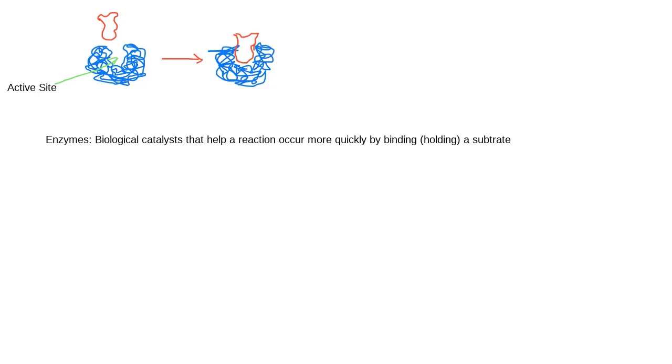So just to give a rough and very simple description, there are two different types of models for enzymes. This is referred to as the lock and key model.